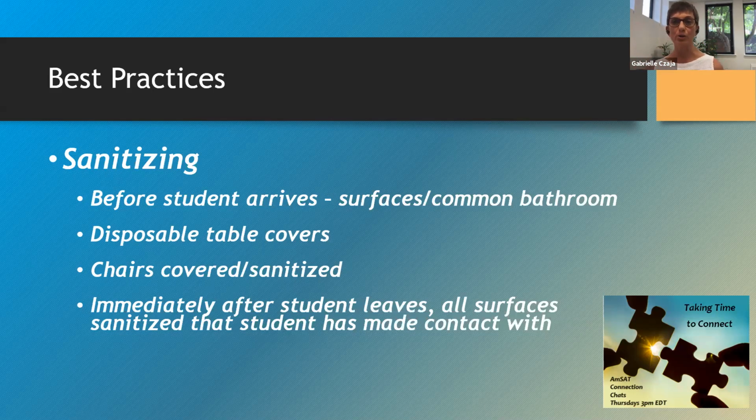If you've got chairs, you're going to sanitize the chairs. You also want to disinfect high-touch surfaces and any surface that the student comes into contact with. Doorknobs, the door to your studio, again, the washroom. You want to keep an eye on the floors, vacuum cleaning the floors every other evening.